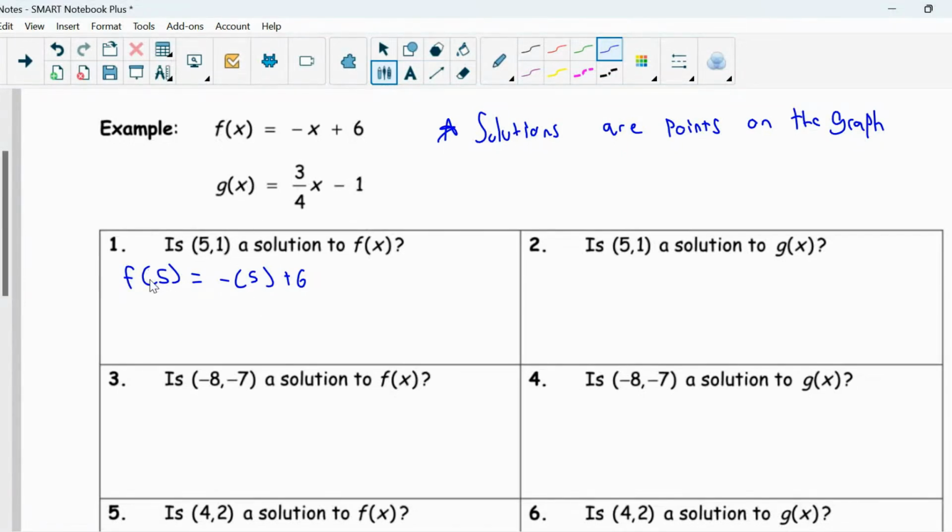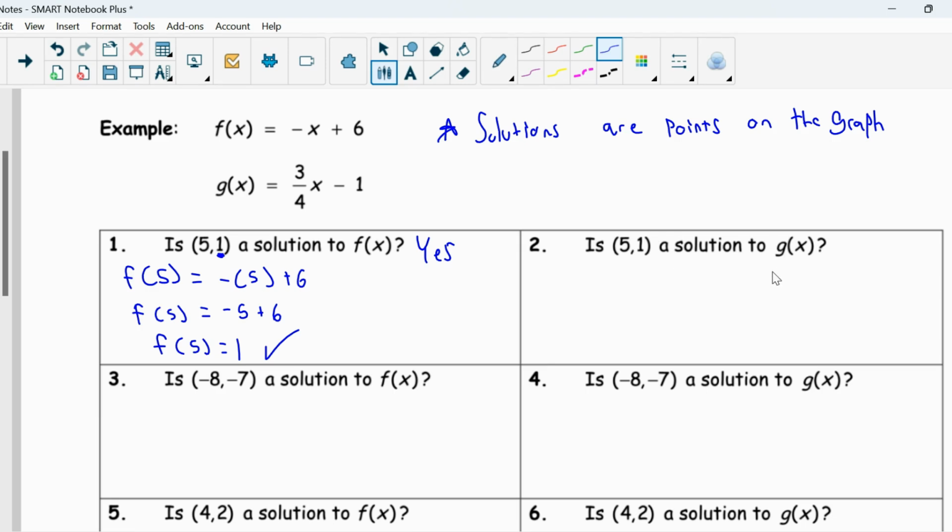And we need to make sure that our result in the end for f of 5 would be 1, because that is our y value. So we have f of 5 equals negative 5 plus 6, which finally gives you f of 5 equals 1, which, yes, that is equal to 1. So the ordered pair 5 and 1 is a solution to f of x.